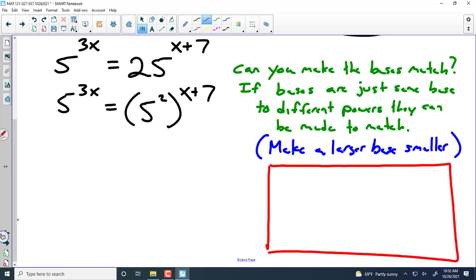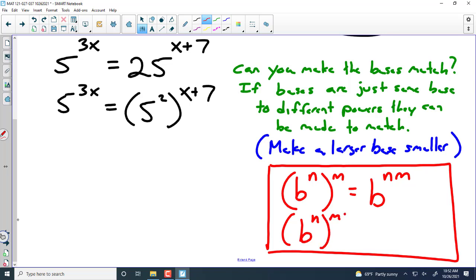And these are the kind of rules that we don't always remember. I know I don't, unless I think about them all the time. And that is, if you have something to a power in parentheses, and then you have a power on those parentheses, what you do is you multiply the powers together.